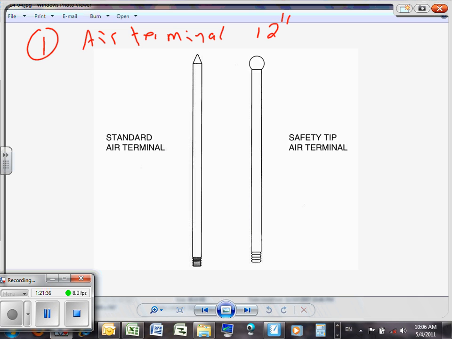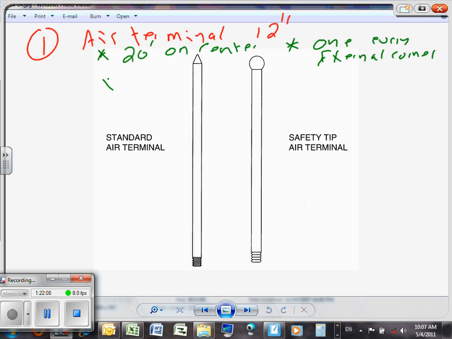Just to give you a heads up, guys, how we did the air terminals when you design them. A few rules. Rule number one: 20 feet on center. You guys remember? Every external corner of a building, 20 feet on center, along the perimeter of the building.